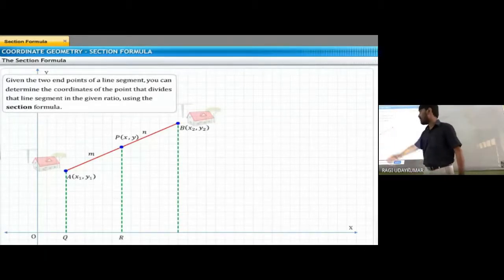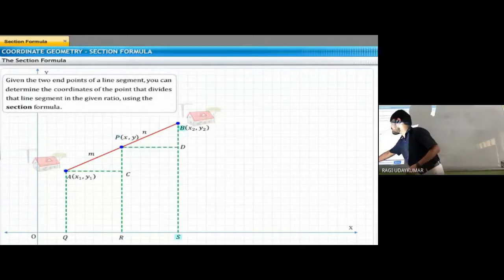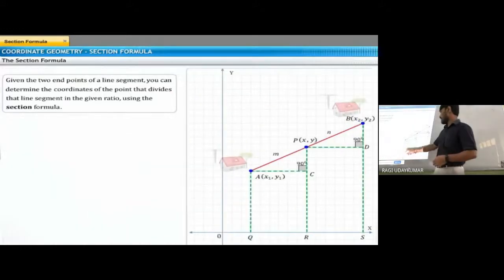Now here, can you say what will be the length of AQ? Yes, AQ is the distance of this point from the x-axis, which is nothing but the y-coordinate. So we will get these lengths as the coordinates.